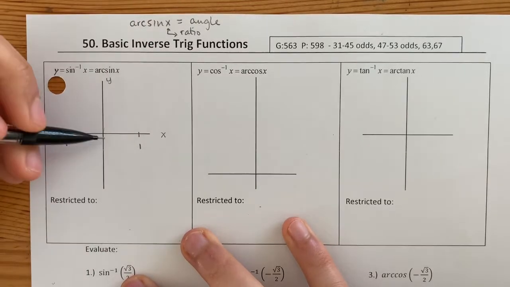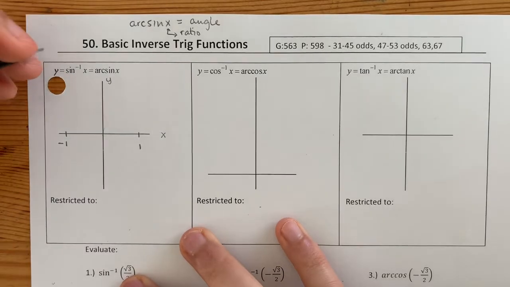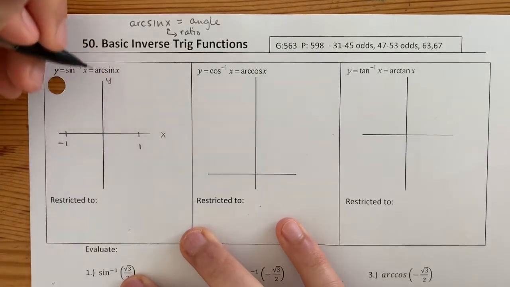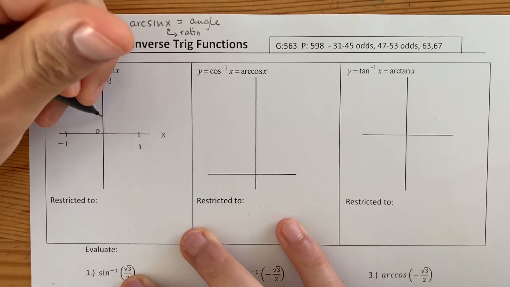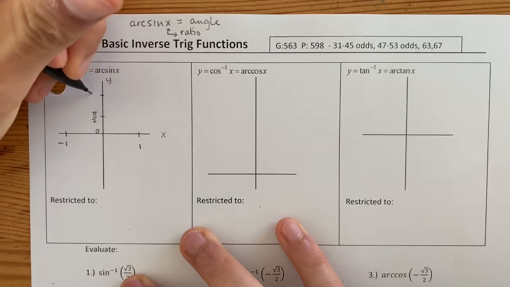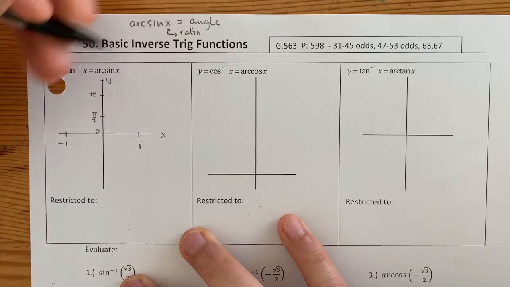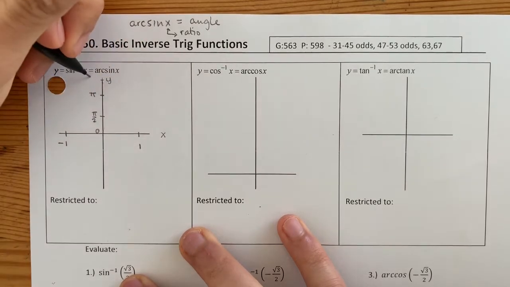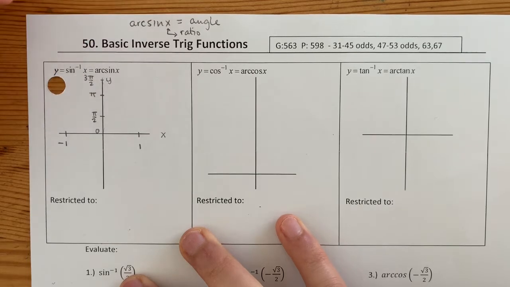And the x-coordinates, which were usually from 0 to 360 or 0 to 2 pi, are now the y values here. So 0, let's say this is pi over 2. Let's get to pi right here. And 3 pi over 2 would be right here.